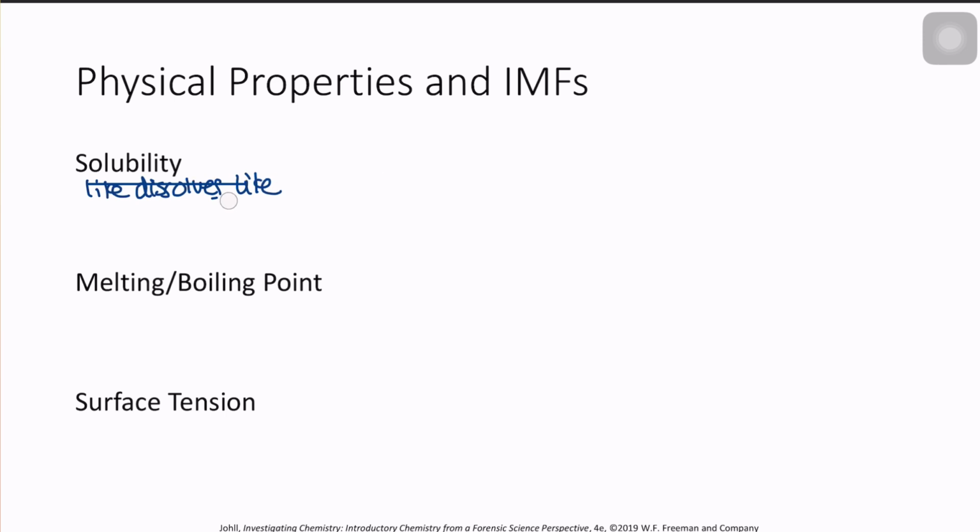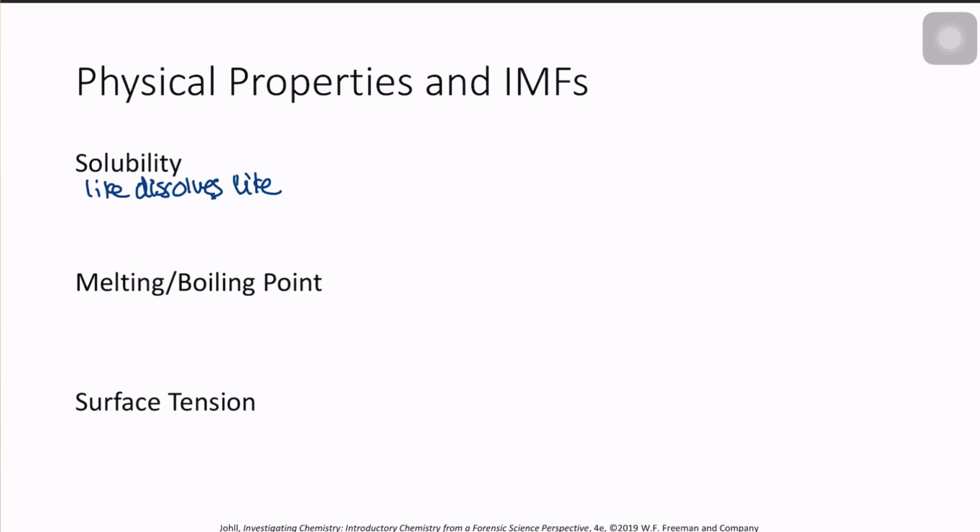So something that has dipole-dipole forces is going to dissolve something else that also has those dipole-dipole forces. Something that only contains dispersion forces is going to dissolve substances that only have dispersion forces.